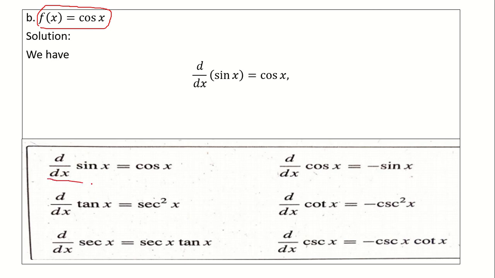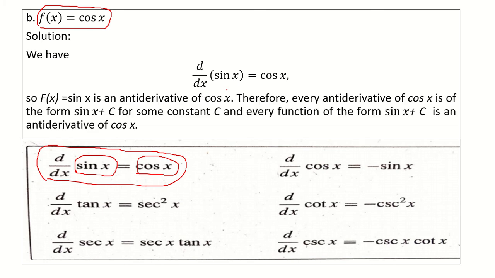Okay, ito yung mga derivative ng trigonometric functions natin. Kapag kinuha natin yung derivative ng sine x, ang result ay cosine x. So, ibig sabihin, ito yung hinahanap natin.